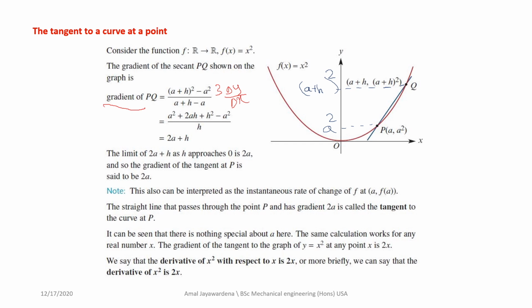And what is the x coordinate of Q? It's going to be a plus h. The x coordinate of P is a. So from this definition we can find the x distance from point P to Q, which is going to be h, right?